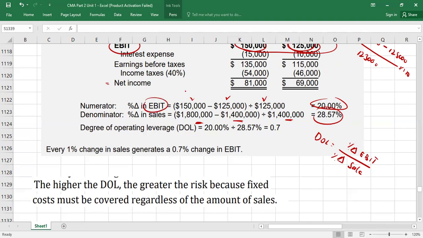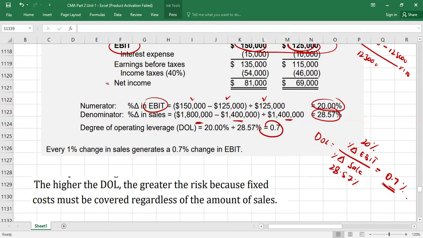The EBIT change was 20%, we calculated it. So we'll take 20% divided by the percentage change in sales, 28.57%. If you solve it, the answer will be 0.7. And this 0.7, we just got it here. Now we have to understand what this 0.7 means.